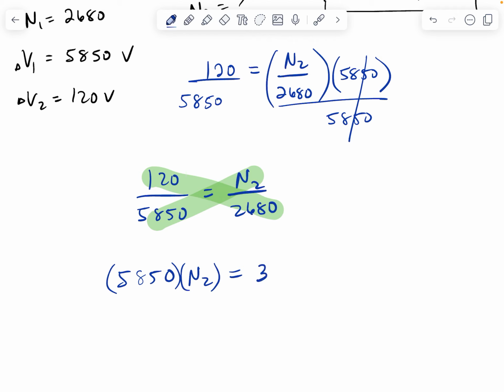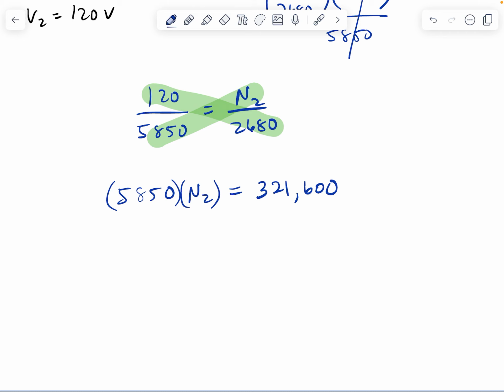So we get 321,600. And then all we have to do at this point is divide by the 5,850. That will give us N2 all by itself.